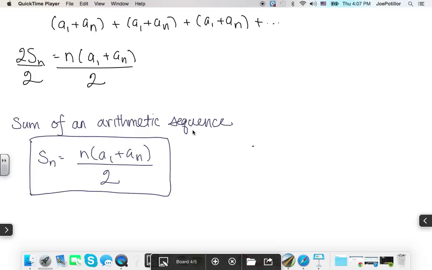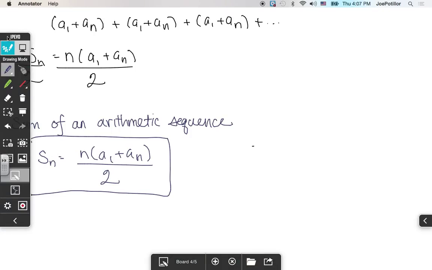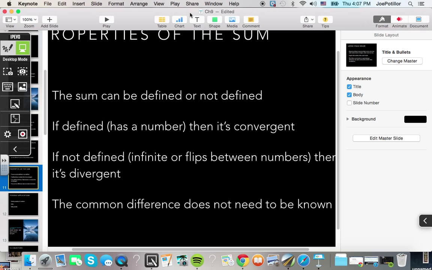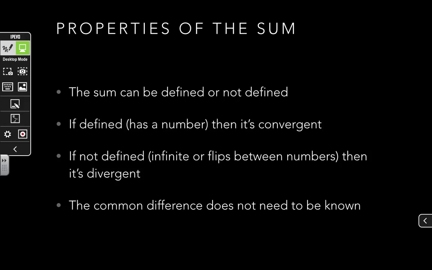Now, the properties of the sum of a sequence can be found on this PowerPoint here, which I will quickly show you. We have a sum, which we just found, that formula: n times (a1 plus an) divided by 2.